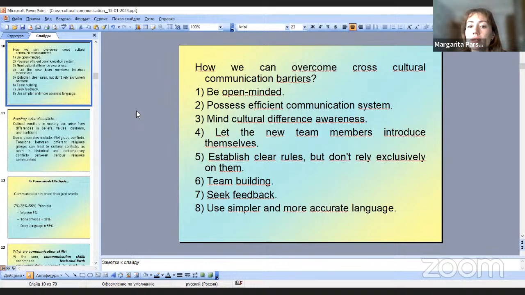When you are working with team members, if you have a big team, try to let every new team member introduce themselves.